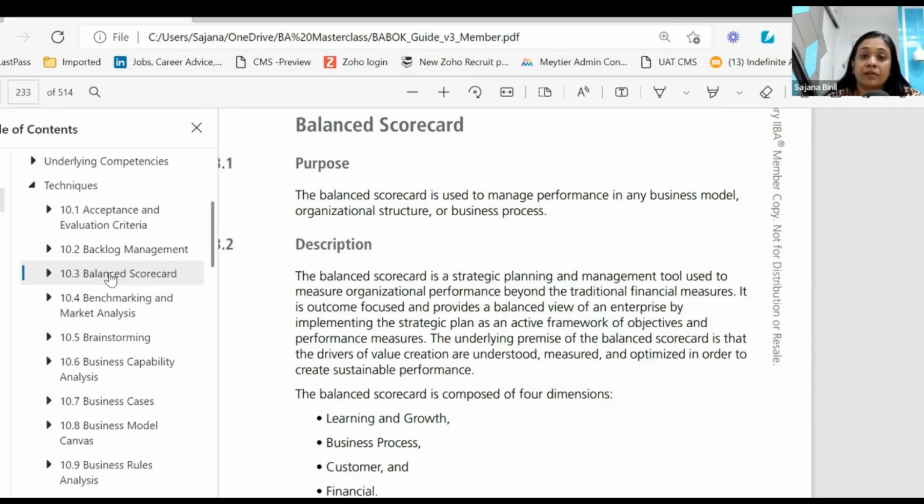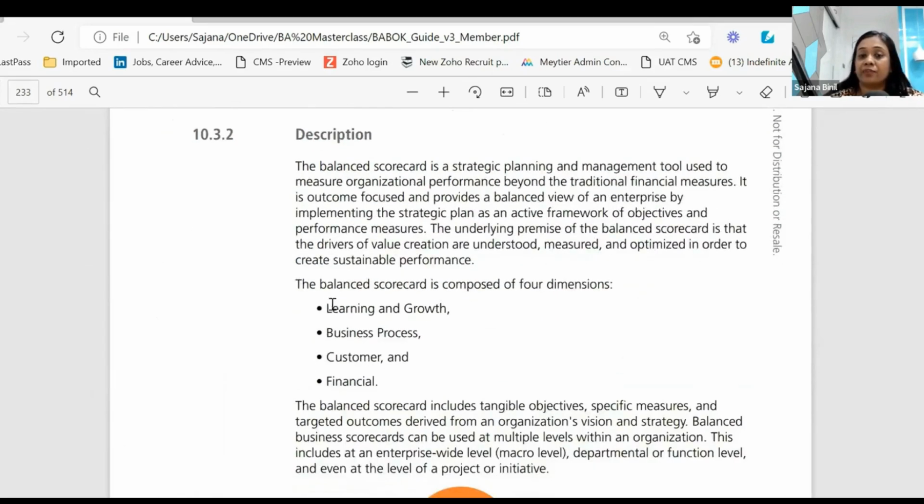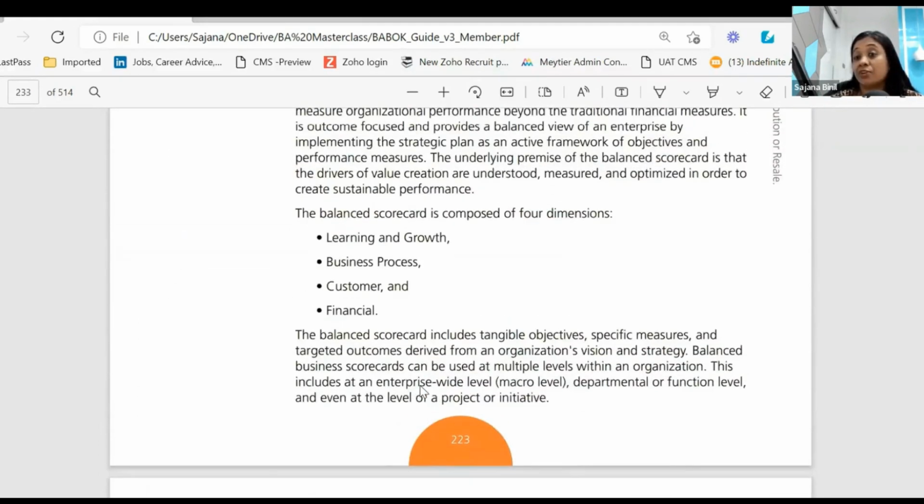Further, balance scorecard is one of the techniques those consultants will use to analyze these dimensions that you see on the screen. They will first analyze the learning and growth area of the organization, business process, the customer dimension, and the financial dimensions. Okay. These are the 4 dimensions that the group of consultants will analyze to figure out what's going wrong in the organization, why they are facing so many problems in terms of staff productivity, customer satisfaction ratings, and so on.